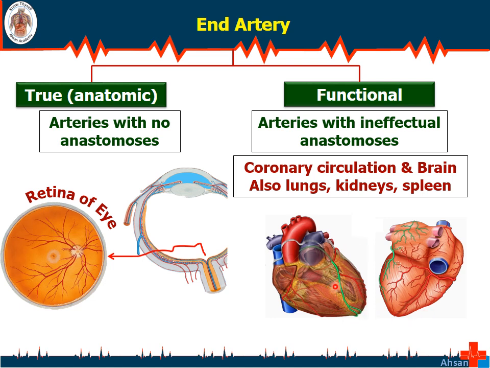So we can explain in this way why the coronary arteries are known as functional end arteries. Means there is anastomosis, but it is insufficient and ineffectual anastomosis to establish proper collateral circulation. This type of circulation is also observed in the lung, kidney, and spleen.